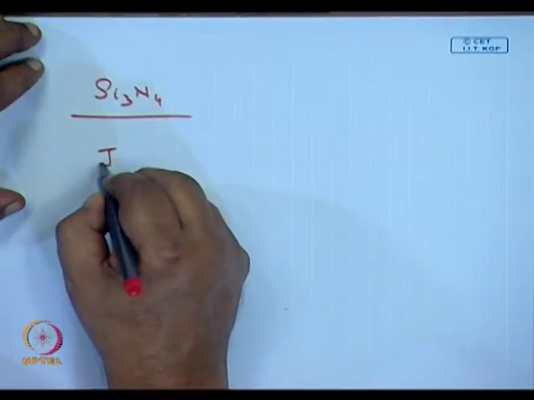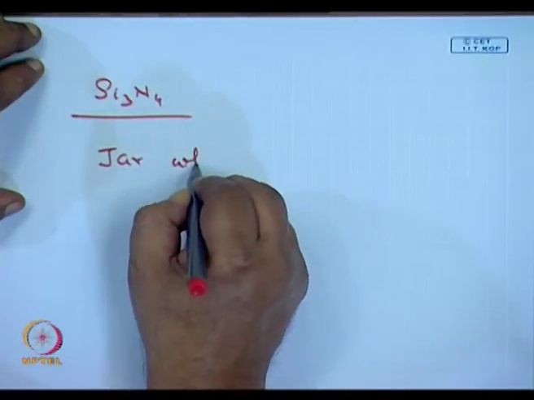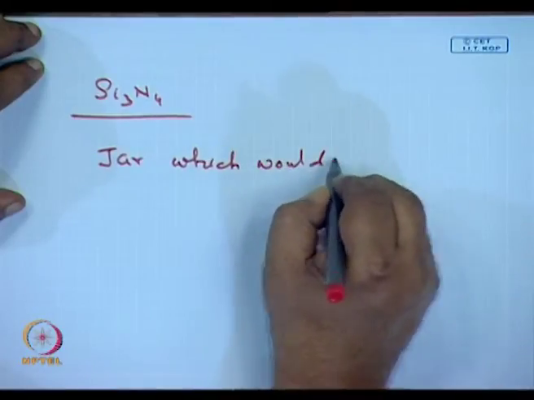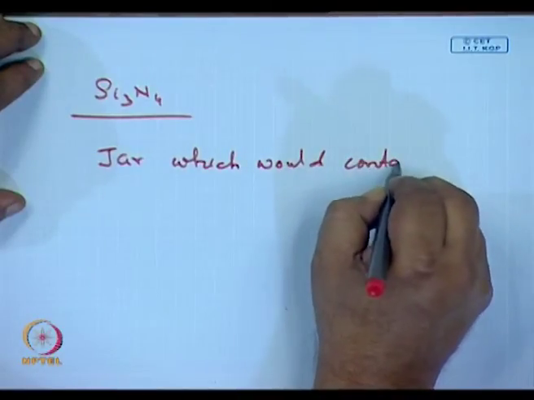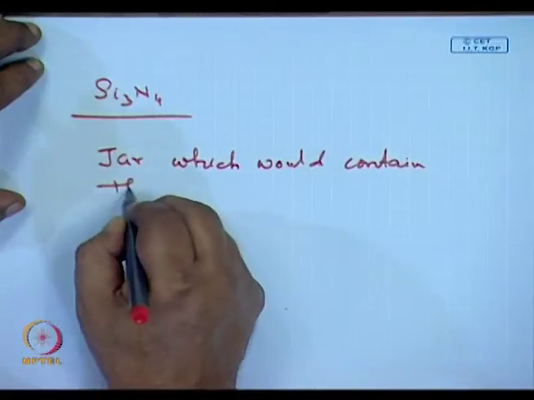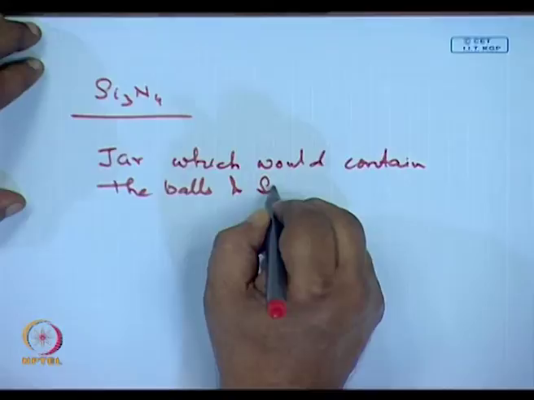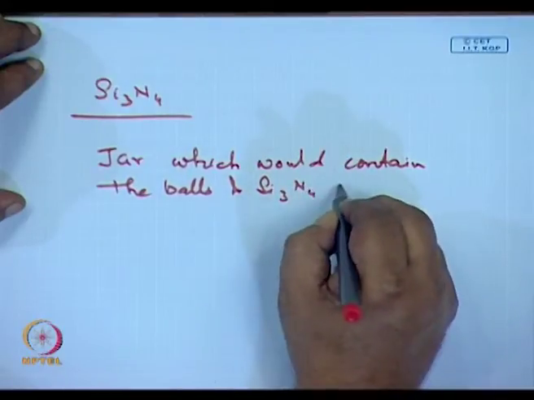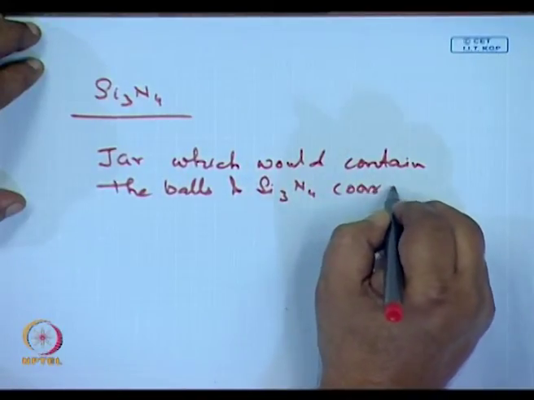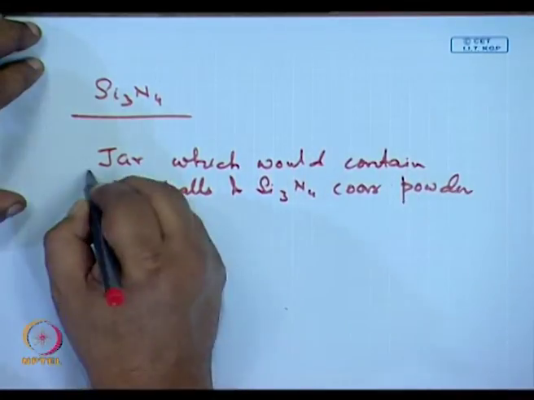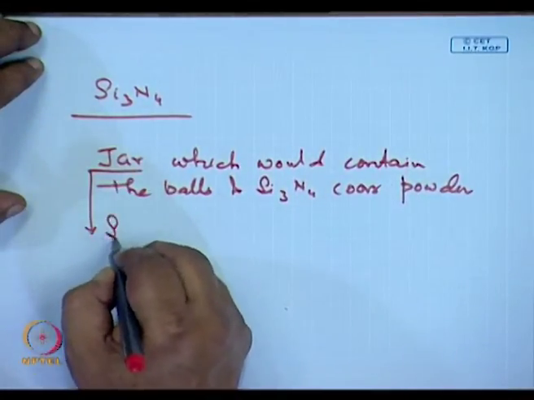The jar which would contain the balls and Si3N4 coarse powder, this jar would be made up of silicon nitride.